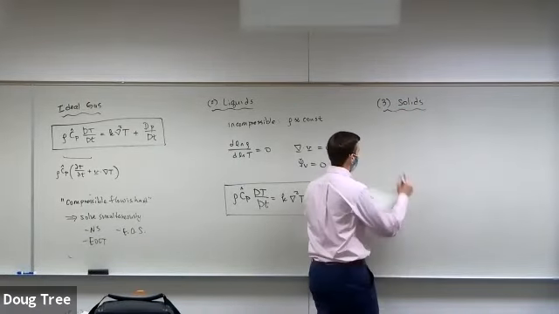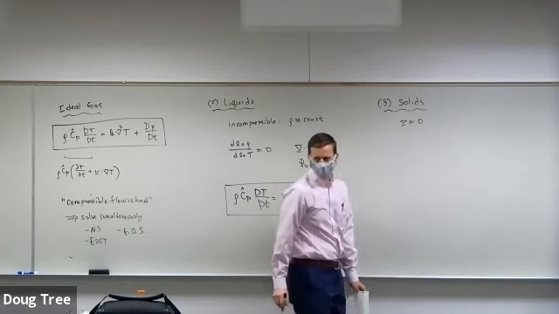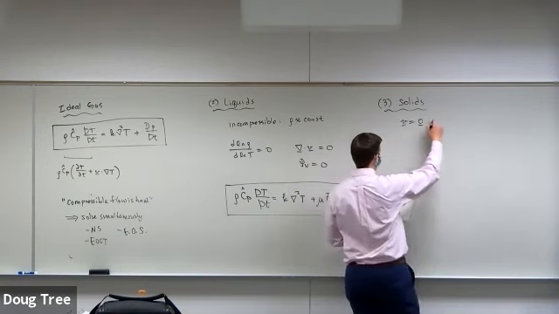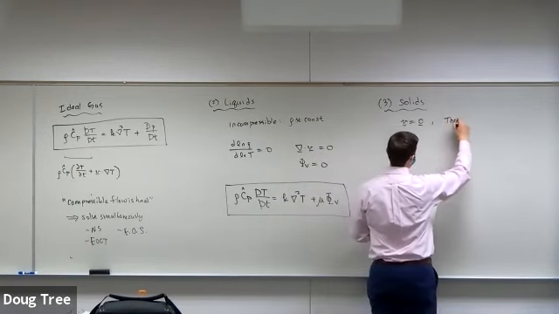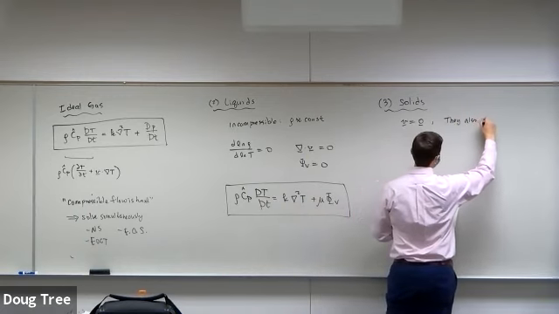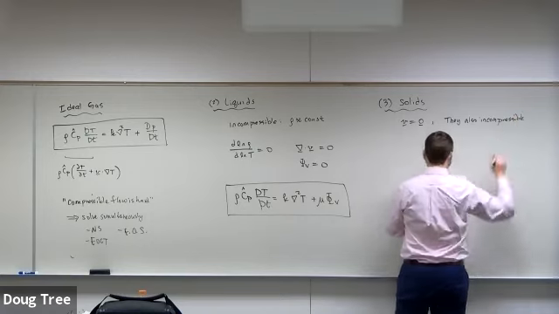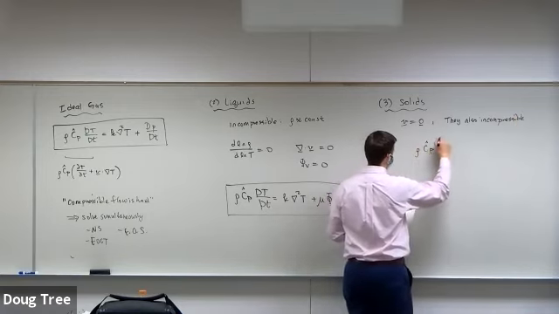Okay, in the case of solids, V is equal to 0. Right? It's a solid. It's not moving around. They're also, of course, incompressible. Okay. So now we get an even easier expression.